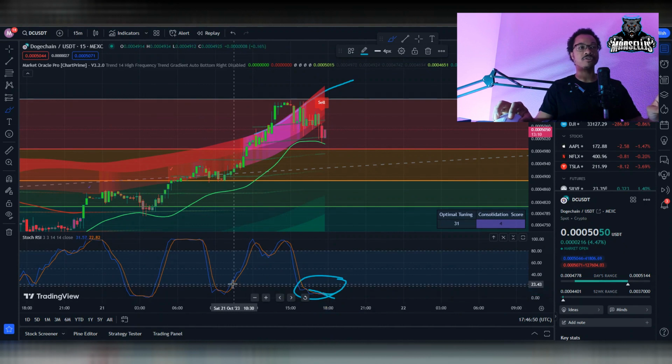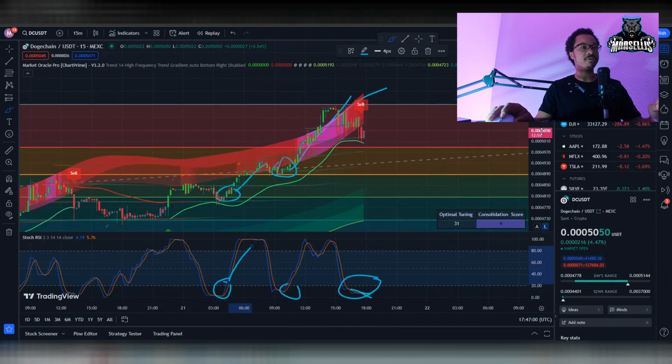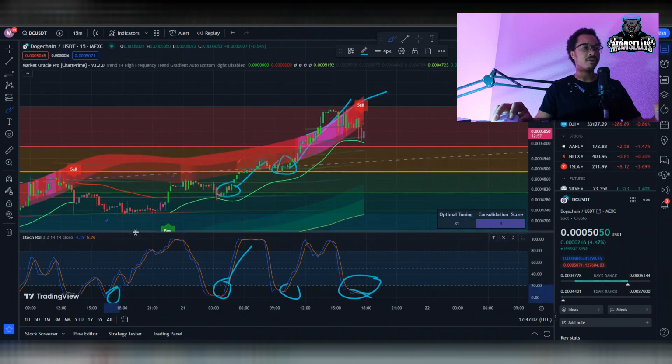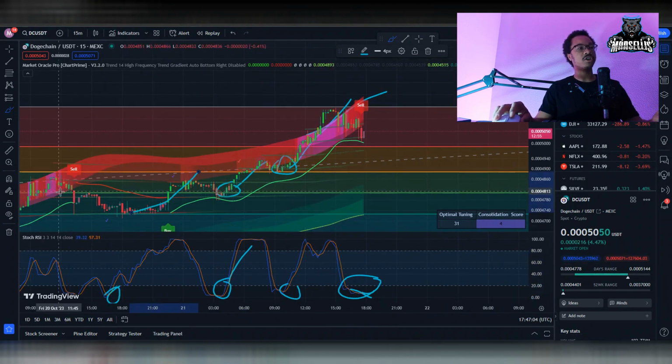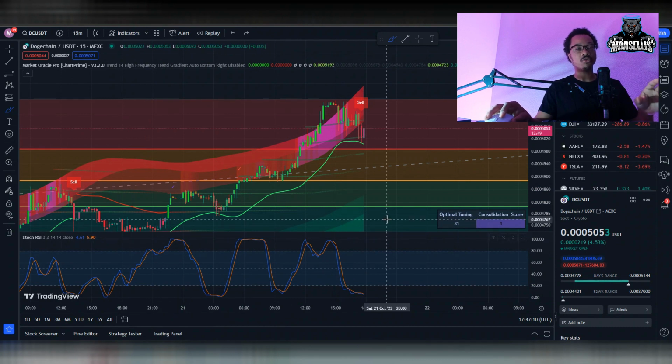What happens when it increases down here? We always have an increase in price. You can see it here. We had that increase in price right down here. We had the same increase in price, right? And then you can see back here we had the same increase in our price. So we know that the price increases every time the RSI crosses there on the bottom. So what's happening now?